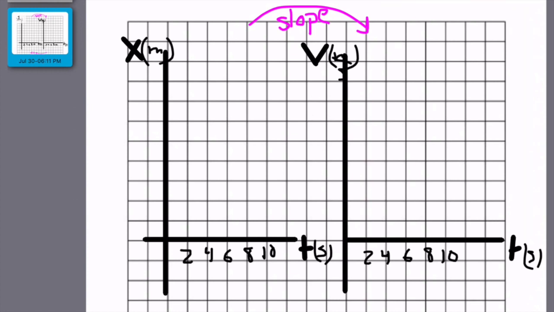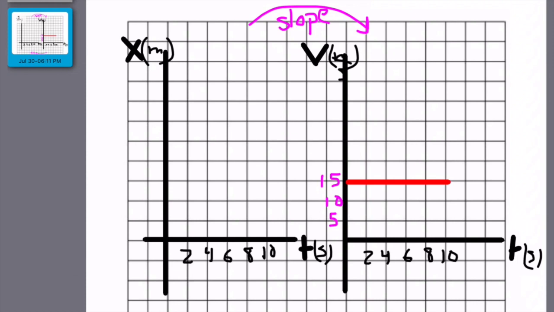If I have a velocity versus time graph, let's just use 5, 10, 15. If you go 15 meters per second for 10 seconds, well, we know velocity is displacement over time.